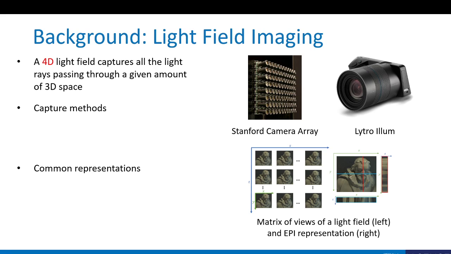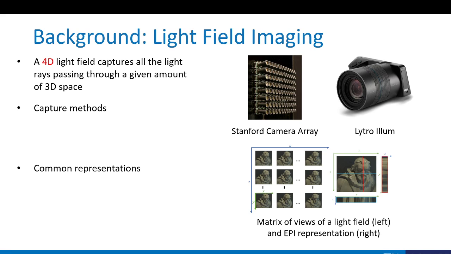At the beginning, I would like to give you a bit of background knowledge about what a light field is. According to the definition, a 4D light field is defined as all light rays passing through a given amount of 3D space. In practice, how could we capture one light field?